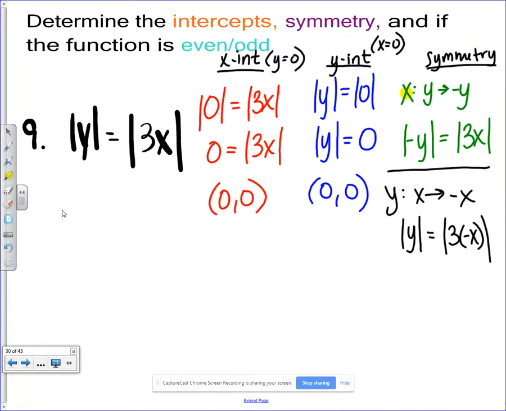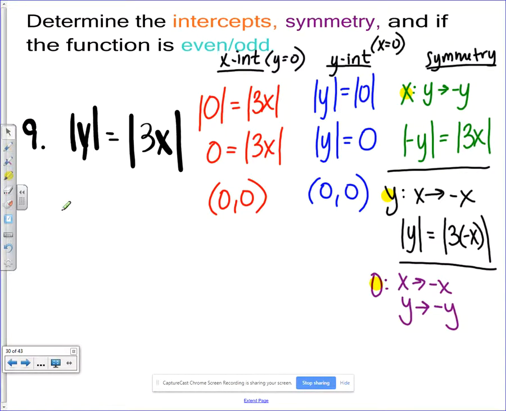What do you think about that one? Still a yes, because that would be a negative 3x in there, right? Basically, the absolute value takes care of that. What do you guys think for origin? Yep.